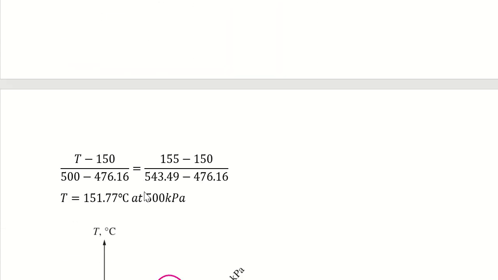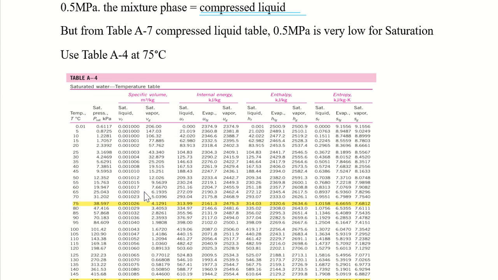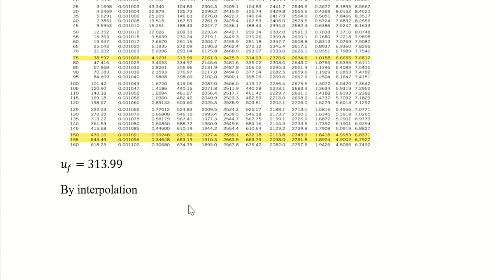I think I did put a diagram. Yeah, I'll explain what we are doing right here. But first, follow up. The specific internal energy of the liquid is this 313.99, which is that. Put the units. Can I put the units?